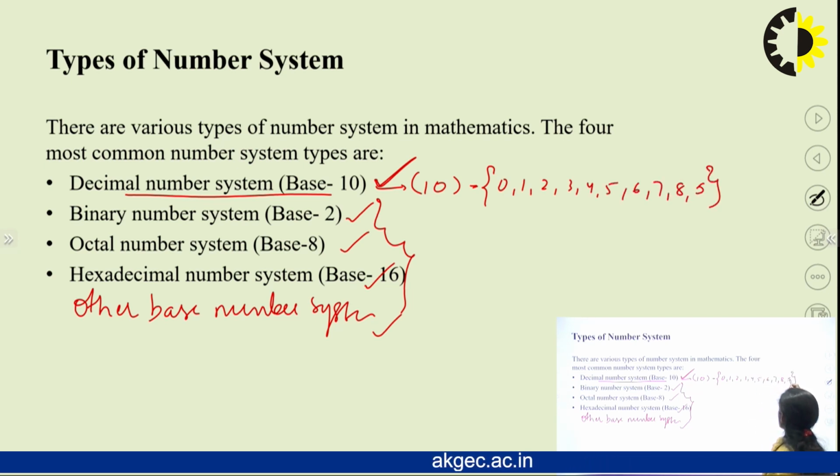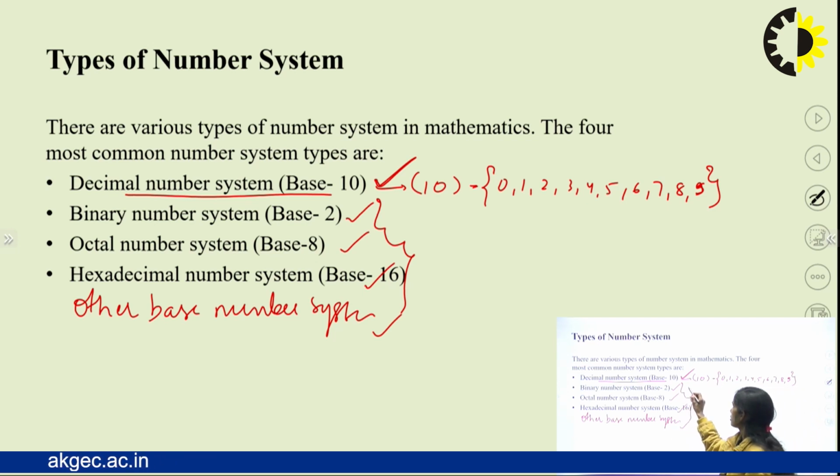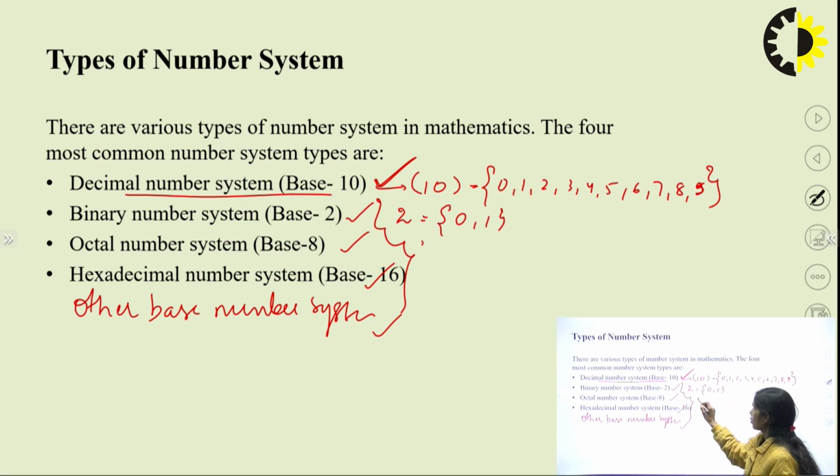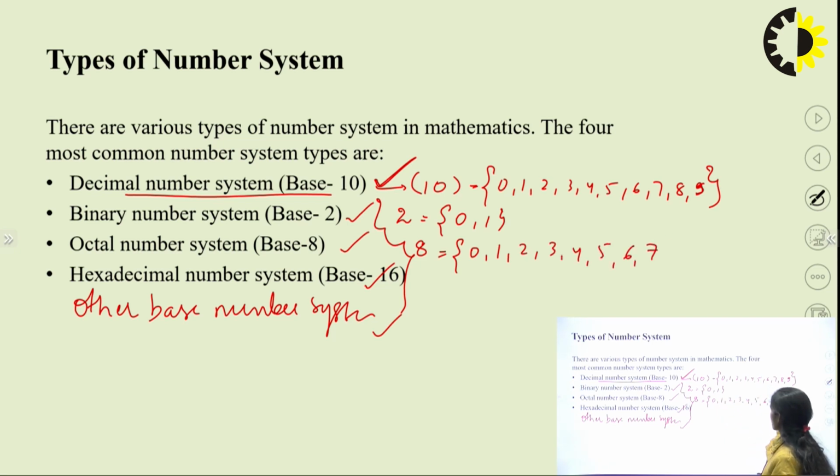So these are the 10 digits, from 0 to 9, allowed in the decimal number system, and we don't have any digit greater than 9. In the binary number system, the base is 2, binary means 2, so it has only 2 digits, 0 and 1. In the octal number system, the base is 8, and the digits allowed are 0, 1, 2, 3, 4, 5, 6 up to 7.